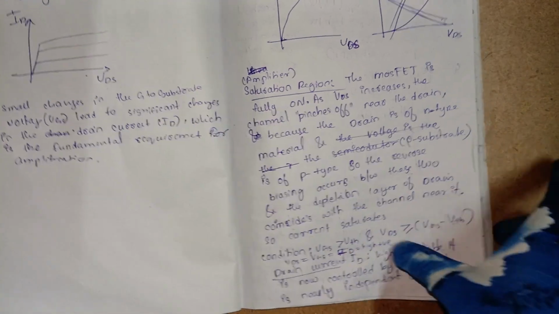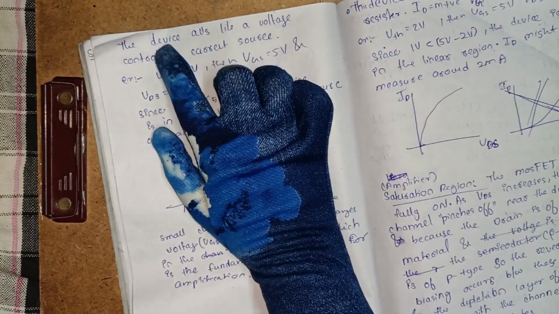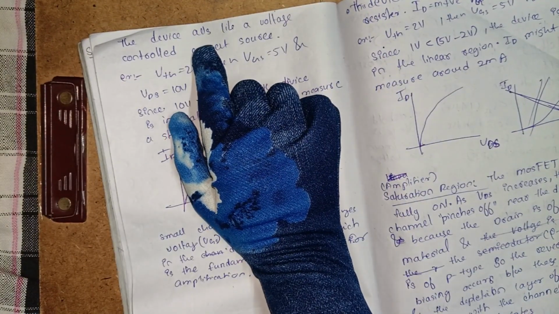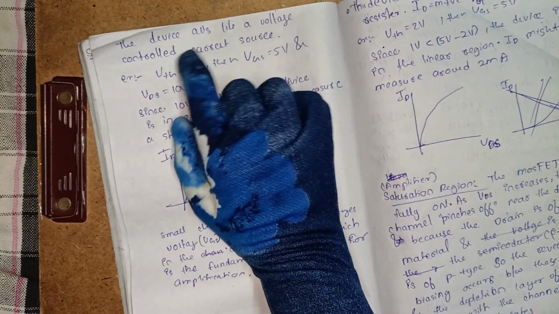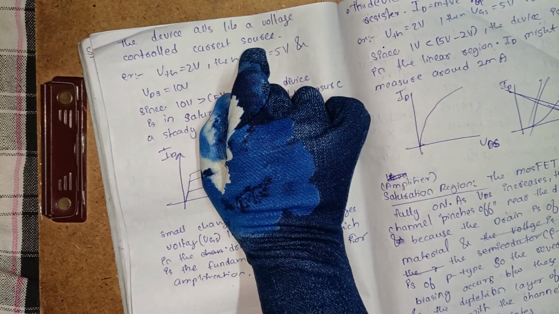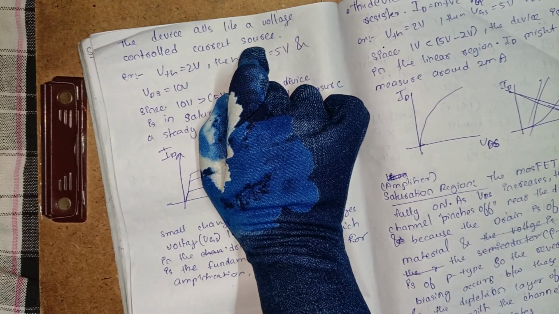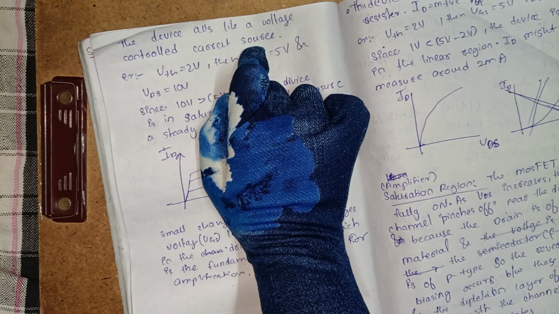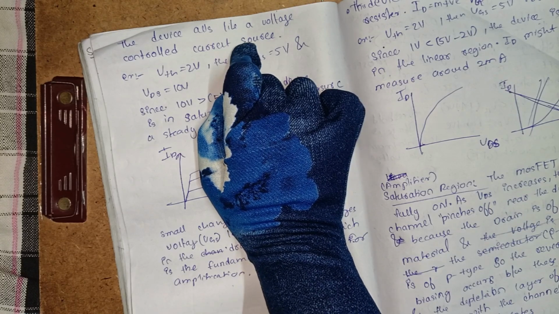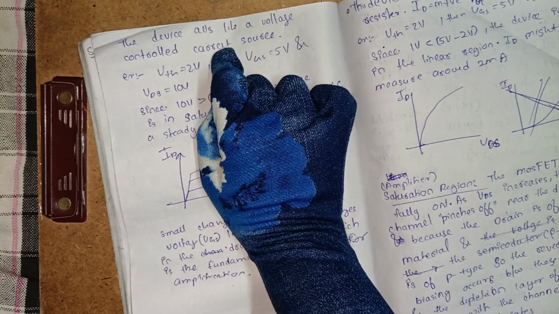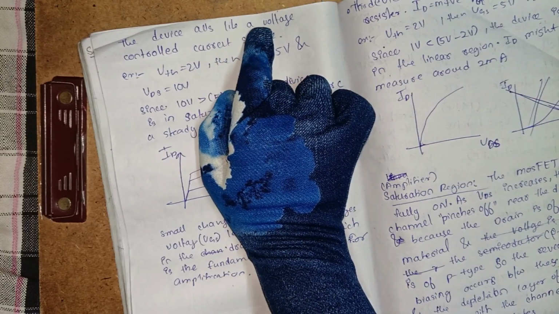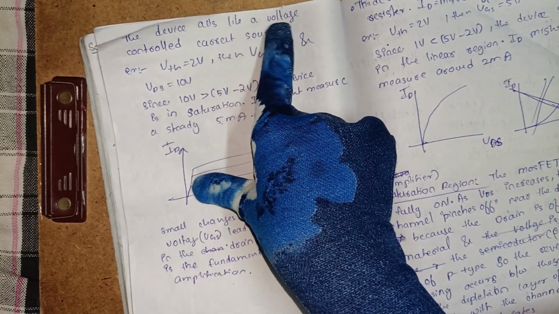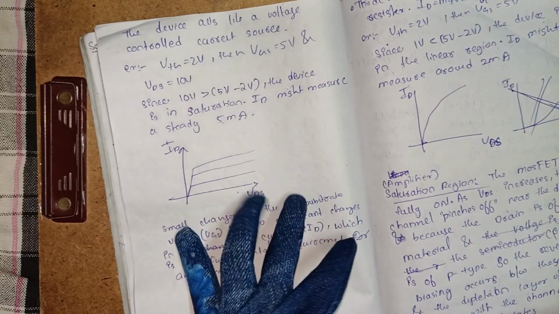Then the device acts like a voltage controlled current source. Here we are controlling current by using voltage, so it is called a voltage controlled current source.